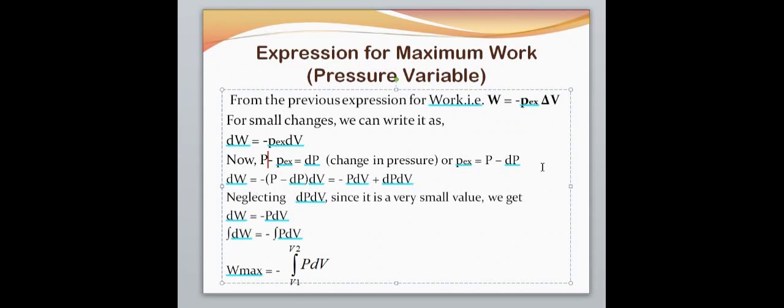So when I replace this equation in this, this is what we get. dW is equal to minus (P minus dP) dV. All I've done is Pex is replaced by P minus dP from here.